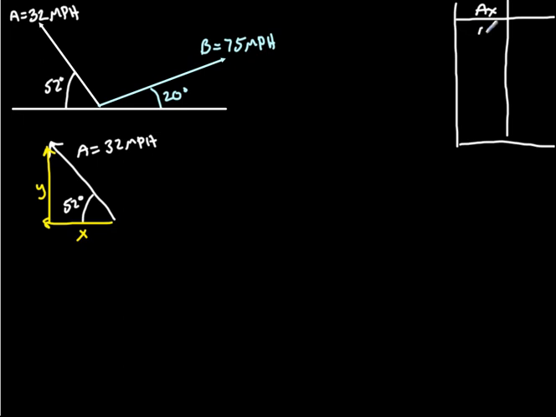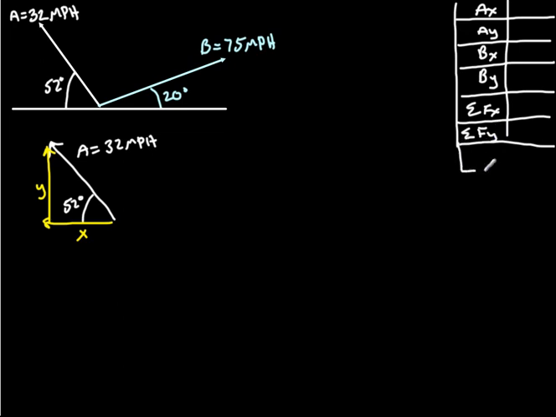So we have AX, AY, we're going to do a BX, we're going to do a BY, we're going to do a sum of all forces in the X, we're going to do a sum of all forces in the Y, and then we're going to add this. We're actually going to do a resultant vector and a resultant angle. Okay.